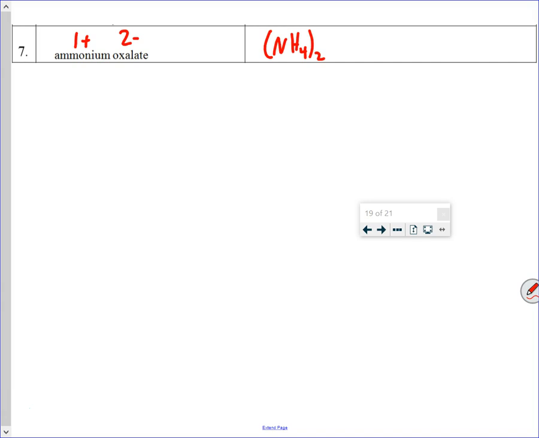Oxalate, I only need 1 of them. So the way I'll write that is without parentheses. Now, the rule of thumb is if you only have 1 of a polyatomic ion, you don't need parentheses. But if you have more than 1, you have to put it in parentheses and then use a little subscript to show how many you have. Okay?